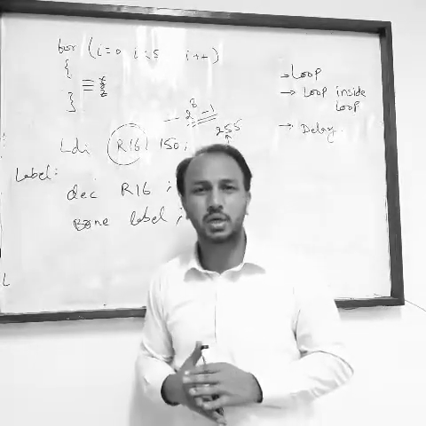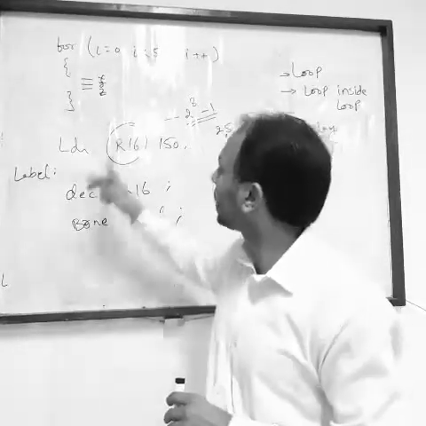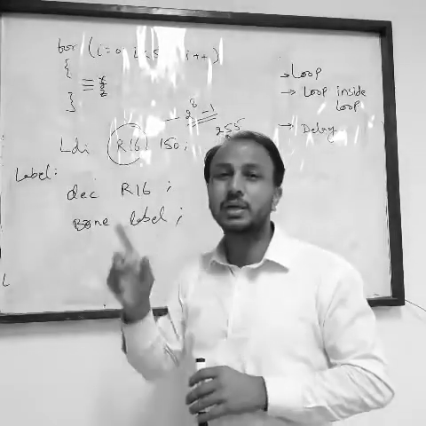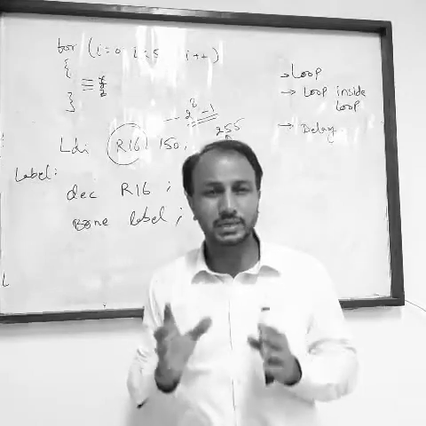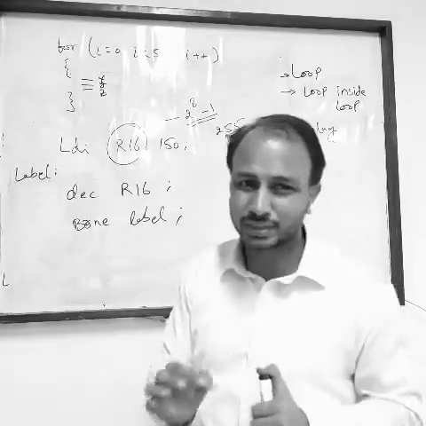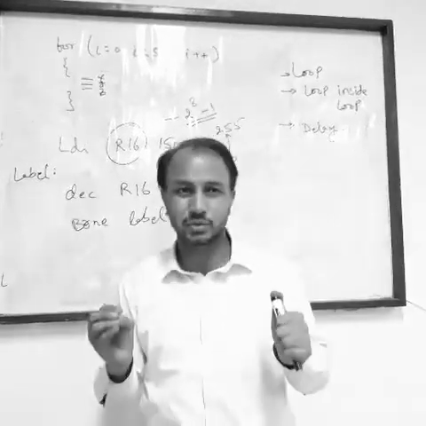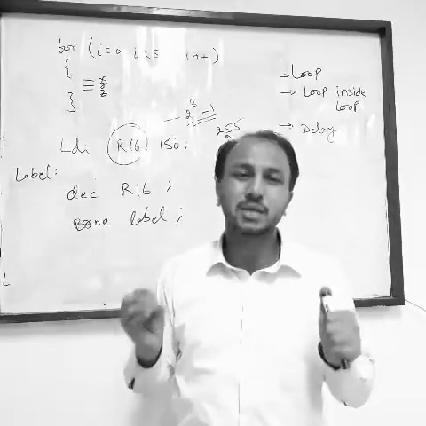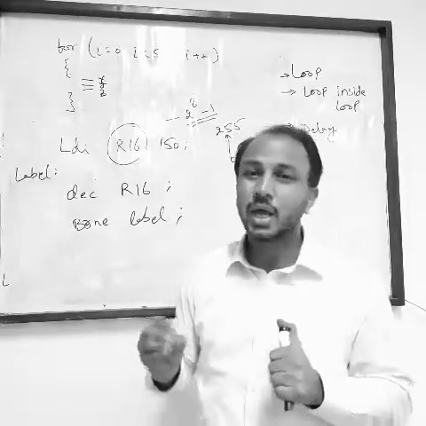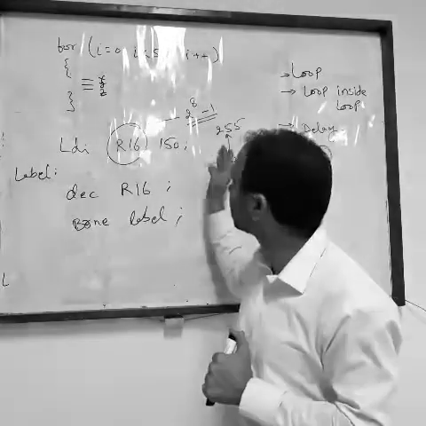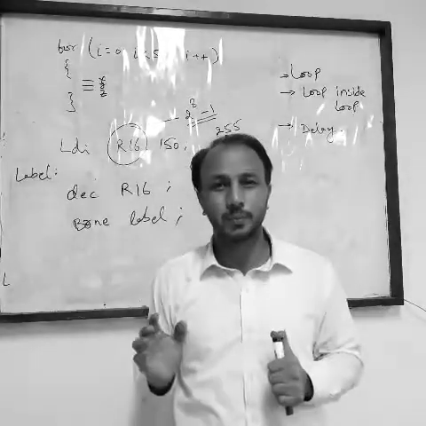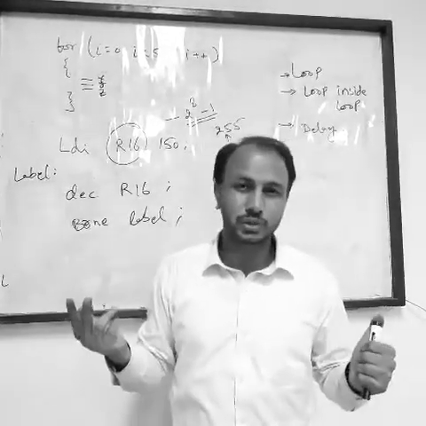If you want to run a loop, your counter depends on the architecture of your processor. So understanding the architecture of your processor, the ALU size or your data bus size, is very important. If you want to run more than 256 times, what can you do? There are two solutions.